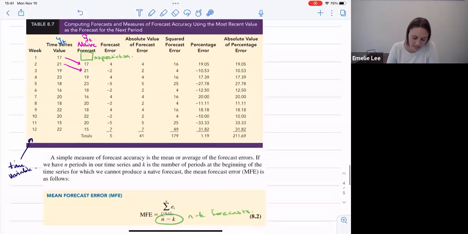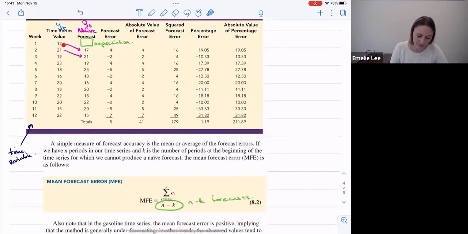Later, we're going to see what happens if I use some average of the last 3 weeks, for example, or maybe 2 weeks or 6 weeks or 5 weeks, whatever. We can look at those forecasts and determine which one gives us the best forecast.